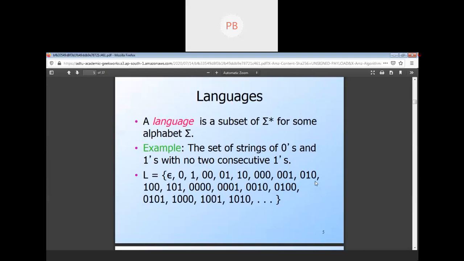Okay. And in the second class we have discussed about the basics of sets. Now write definition of sets.